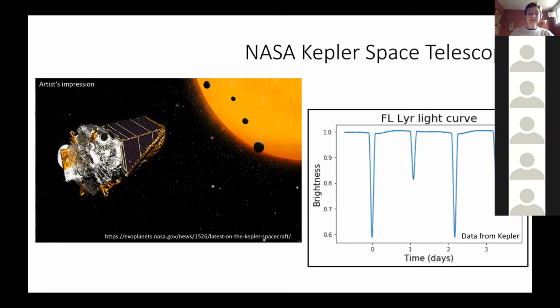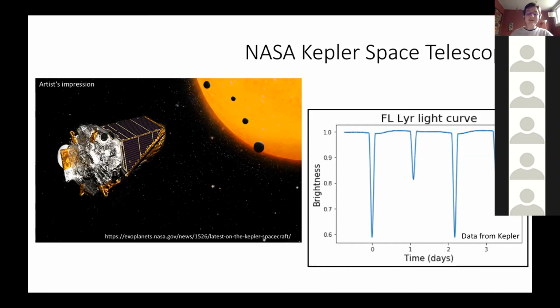But it does this in the same way that we study eclipsing binary stars, because when a planet goes in front of a star, it blocks some of its light, and so we get a little dip in the light curve. So the data that Kepler collects is great for eclipsing binary stars as well, and this is another reason that we want to study FL Lyra in particular, because it happened to be in this section of the sky that Kepler observed for 4 years.